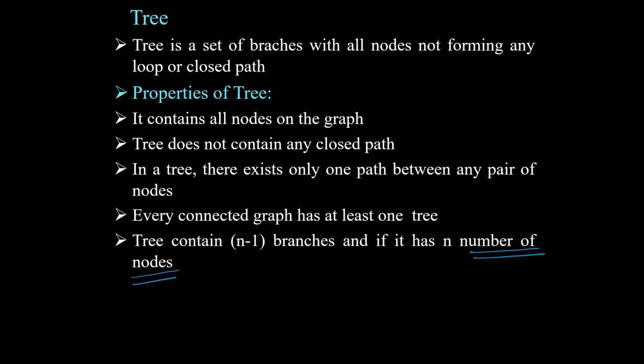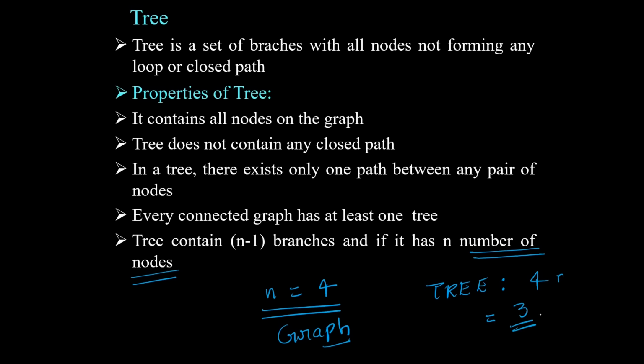For example, if n is equal to 4, that means the graph will have 4 nodes. Coming to the tree, whatever tree we are going to form will also have 4 nodes, but how many branches will it have? n minus 1, that means it will have 3 branches. Okay, so for a 4 node graph we will have only 3 branches for each tree. So like that you can verify how many branches each tree will have.